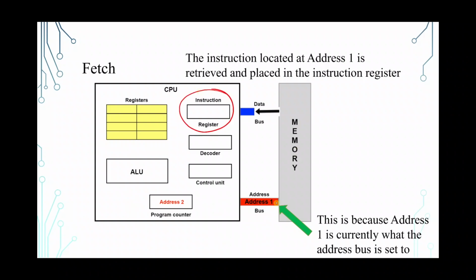The instruction located, let's say, at address 1, is going to be put on the data bus. After that, the data bus is going to move it into the instruction register. That is happening because what we have on the address bus is address 1. As long as we have an address on the address bus, the instruction cycle is going to work.